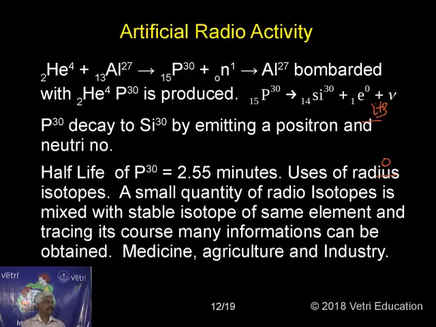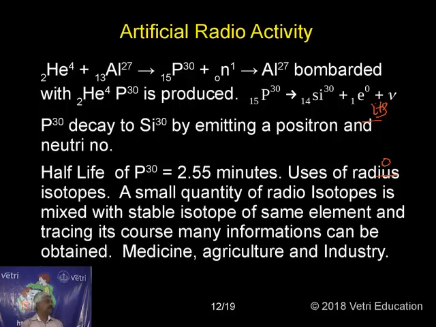In each and every reaction, a neutron comes. This neutron again reacts, and there is a chain reaction. Because of multiple bombardment of neutrons, the nuclei obtained are called radioisotopes.